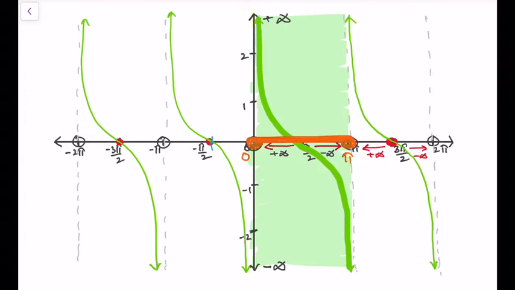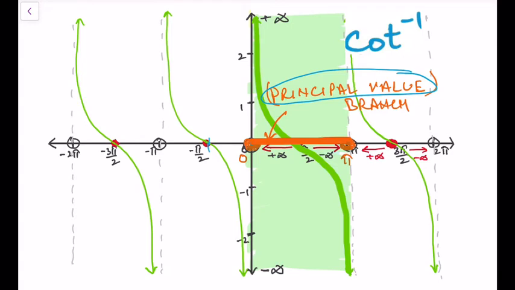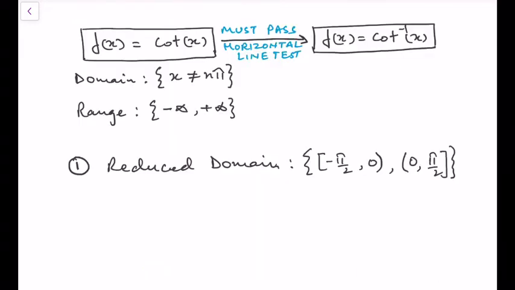So we can say that this is the principal value branch, where the principal value of cot inverse exists within this range. So a second possible reduced domain is from 0 to pi.